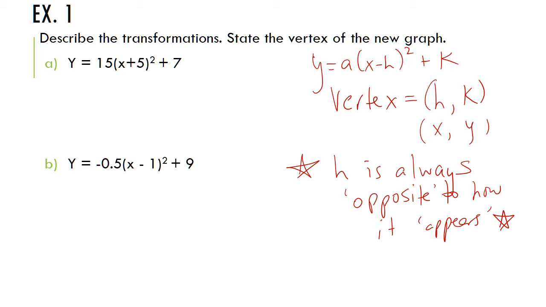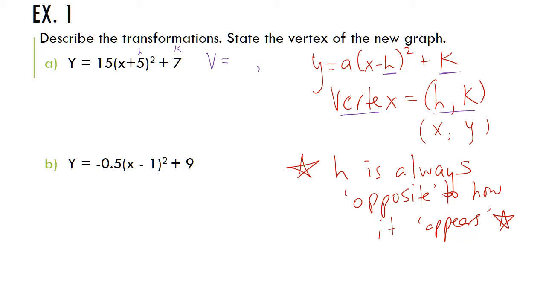So the first thing I want to do, I want to pick out the vertex, right? Describe the transformation, state the vertex. So V for vertex equals. Now we just learned here, the vertex is H and K. So my H value is there, and here's my K value.